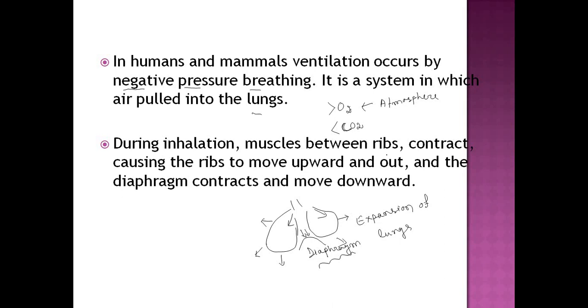What changes occur in the rib muscle? The muscle between the ribs contracts, causing the ribs to move upward and out. So both the rib muscles and the diaphragm contract, leading to upward and outward movement of the ribs, and the diaphragm moves downward.